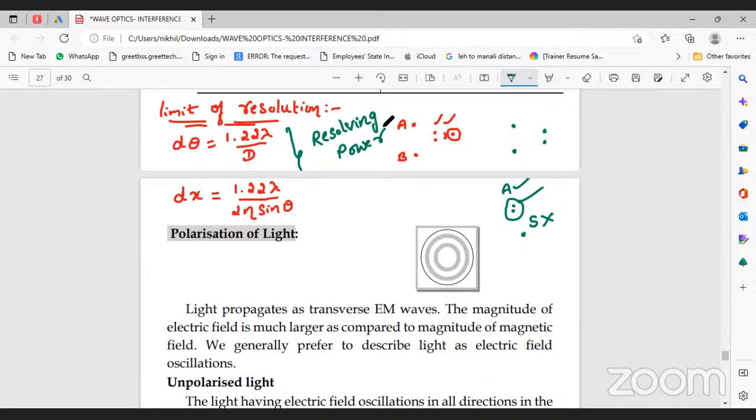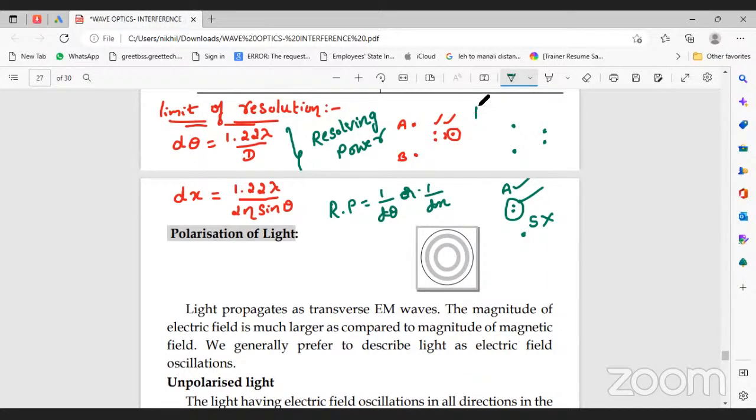Resolving power is the ability of an instrument to distinguish 2 close point objects. And please remember, resolving power is the reciprocal of limit of resolution.